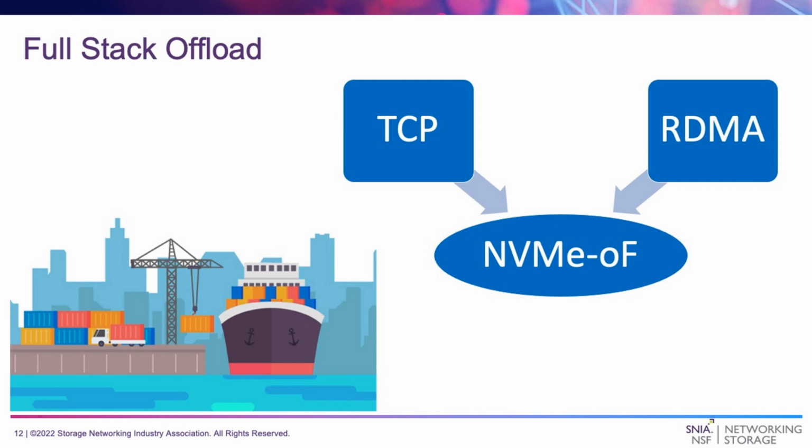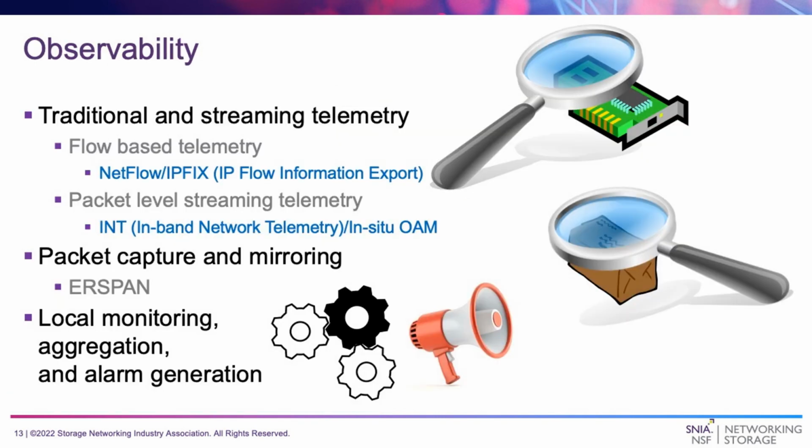When you have in the xPU TCP or RDMA fully implemented, you can also consider offloading the full storage stack of NVMe over Fabric, and we'll talk more about this in the section on storage offloading. And finally, another very important network functionality that one may want to offload to the xPU is observability.